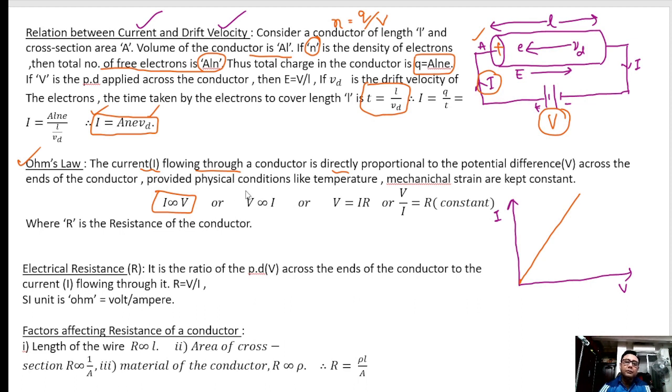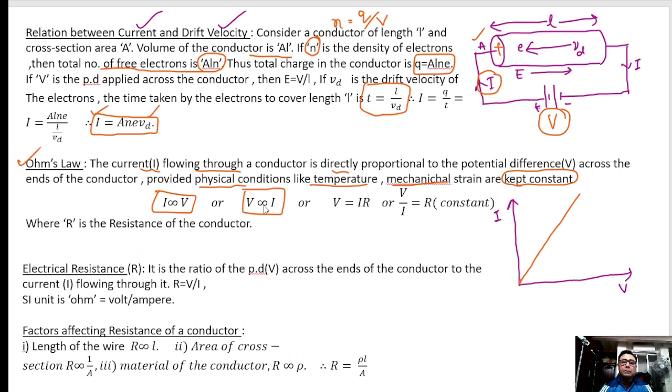Or we can write V proportional to I. But please understand that physical conditions like temperature and mechanical strain should be kept constant. This is the condition for Ohm's law.